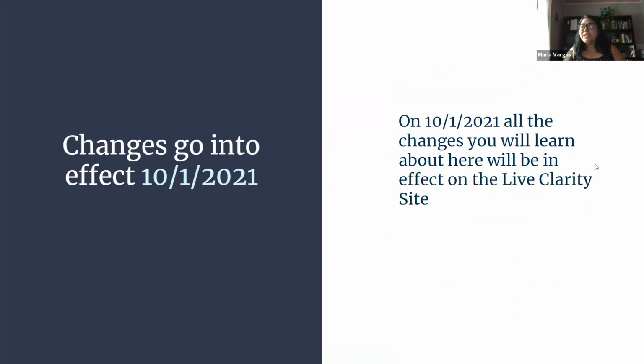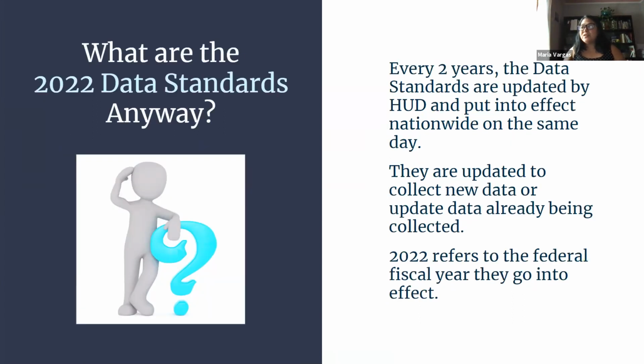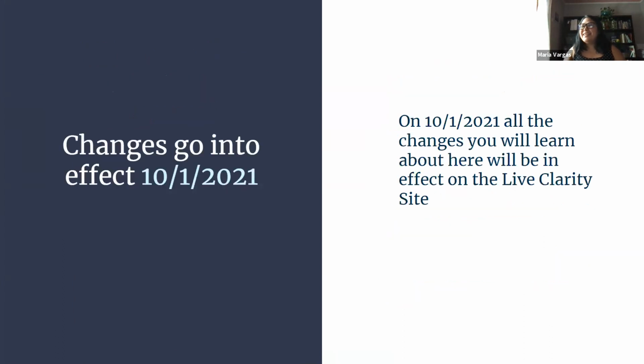If we go to the next slide, the changes start. One more slide, sorry. They go into effect October 1st of 2021. That's when you will be able to see all of the changes updated on the live site, in preparation for the 2022 fiscal year.